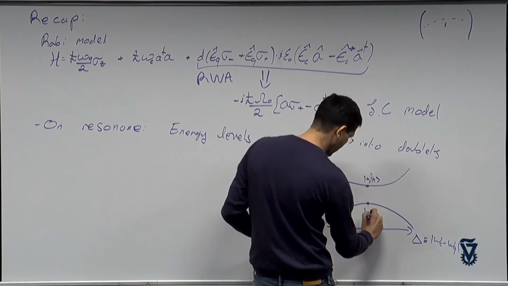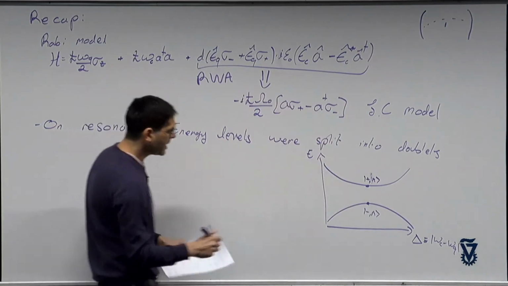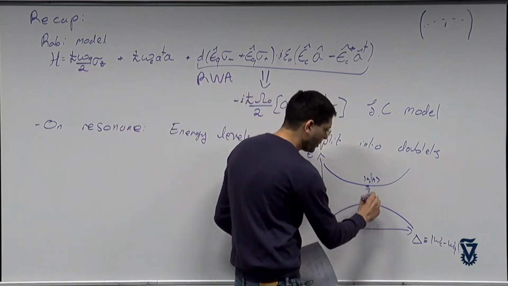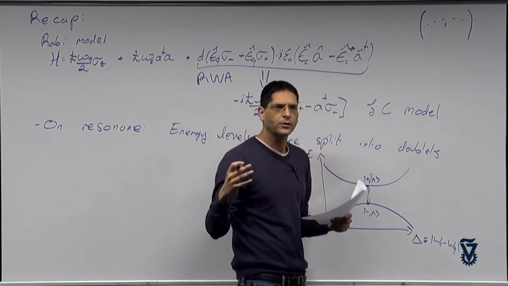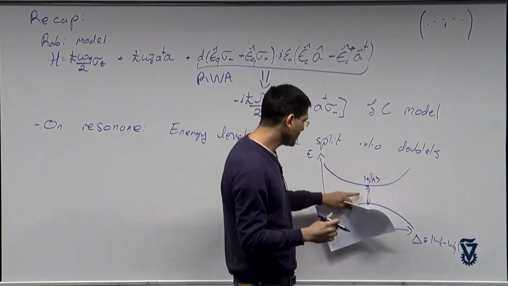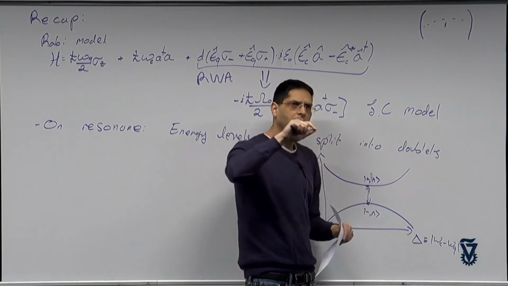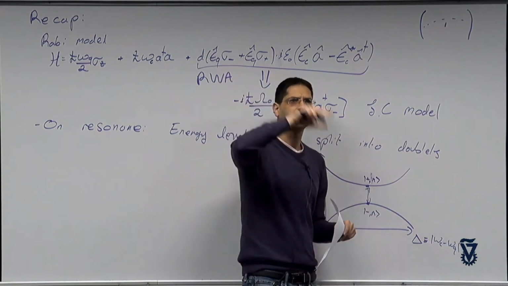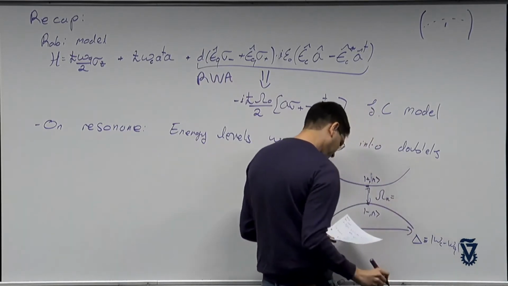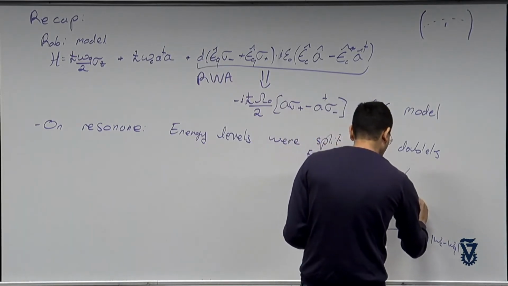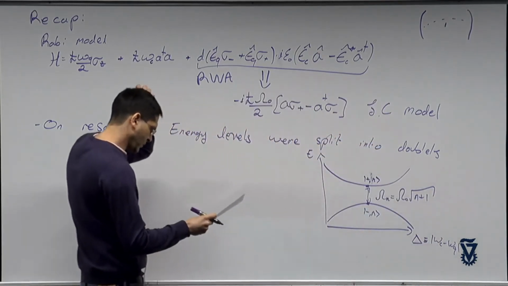So for each n we had plus and minus, and the splitting here is, depending on the basis that we're looking at, how fast the two states in the uncoupled bases are swapping excitation. And we saw that omega n was just omega naught square root of n plus 1.